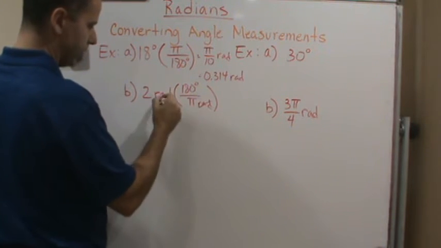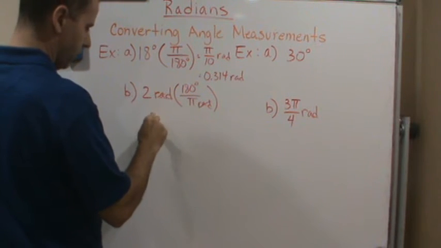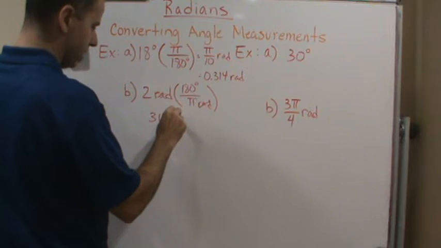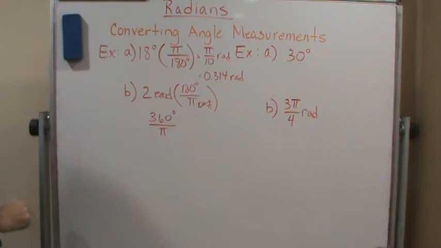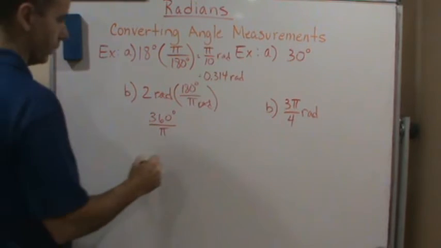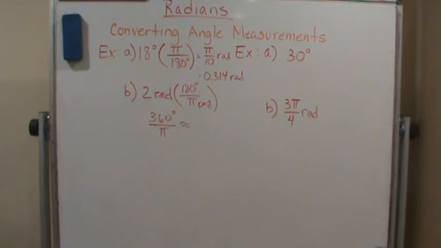And so the radians are going to cancel, and we get 360 degrees over pi. So this is going to be approximately how many degrees? Well, if we divide on our calculator by pi, then we get approximately 114.6 degrees.